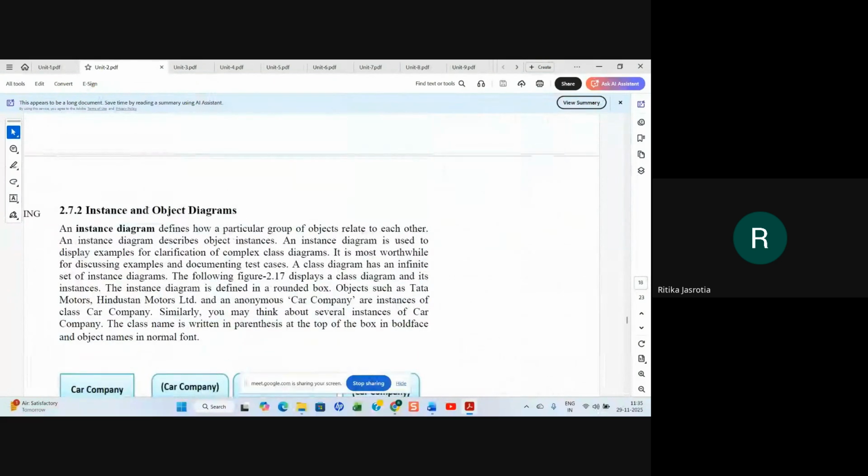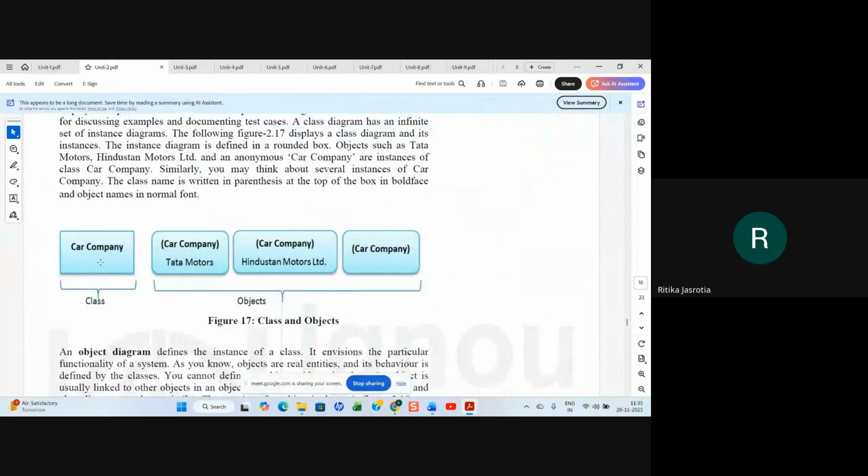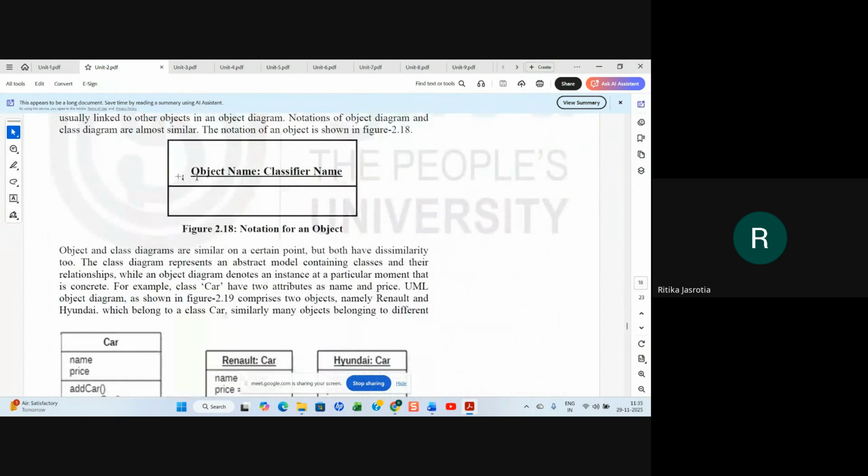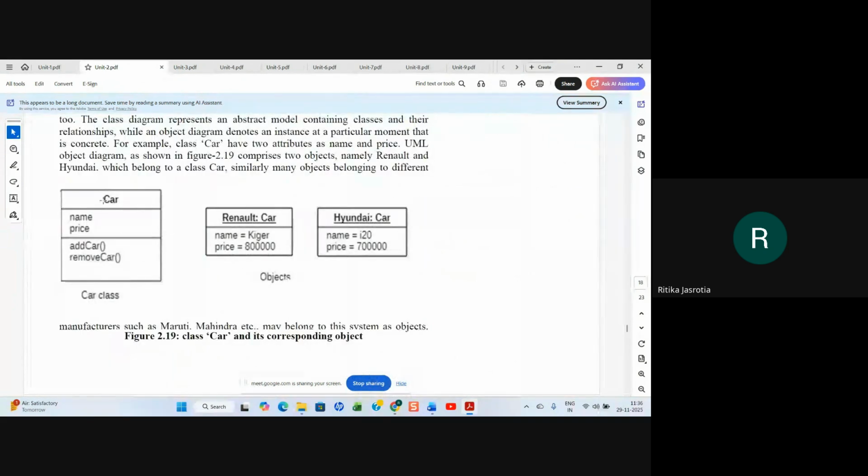Like here, they have given instance and object diagram. So a car company is there. So you have Tata Motors, Hindustan Motors. These are the objects. So you will give the object name colon classifier name, that is the class name. Like here, a car class is there. So you are saying Renault colon car, name is equal to Kiger, price is equal to 8 lakh, like that. Hyundai colon car, so whatever.